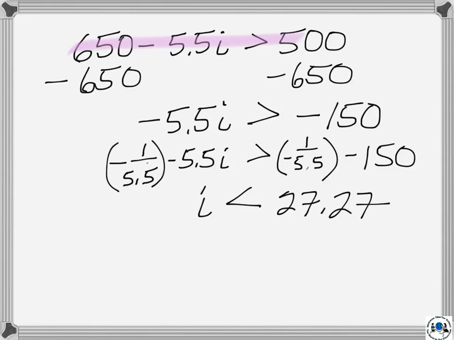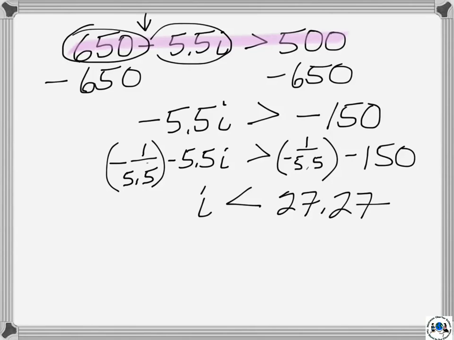We have our inequality, and that's 650 minus 5.5i is greater than 500. You can see right away how kind of screwy things look, because when you see a single number, and then the variable following it with a negative sign in between, it's always a sign that something is going to have to change.